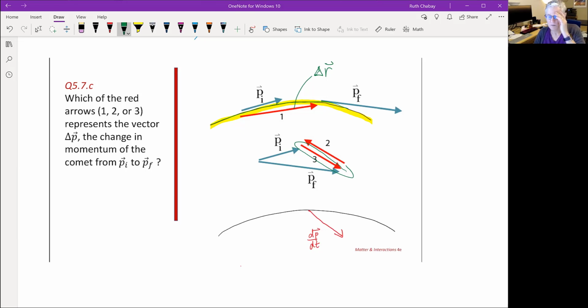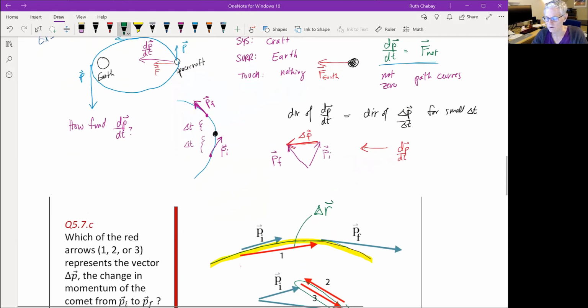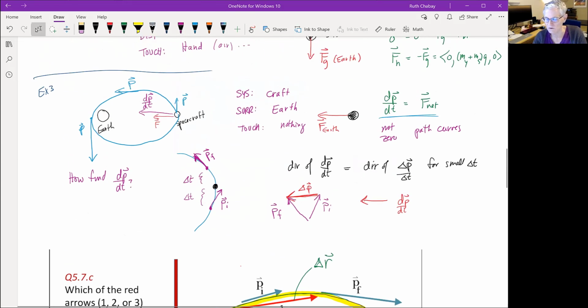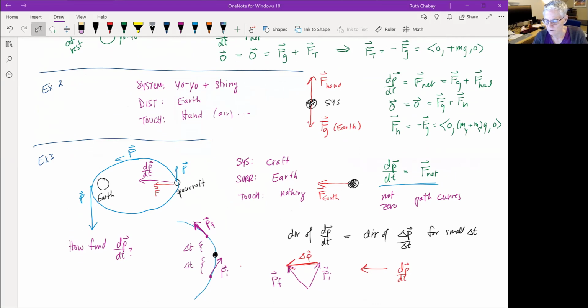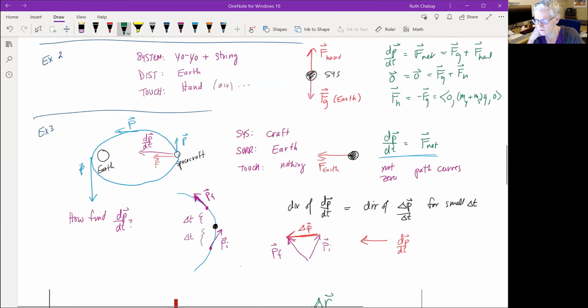So let's think about what makes an object's trajectory curve, about the forces necessary to make an object's trajectory curve. We notice up here in our example of the spacecraft that at the instant we're talking about, the force is actually perpendicular to the momentum, and that's kind of suggestive.